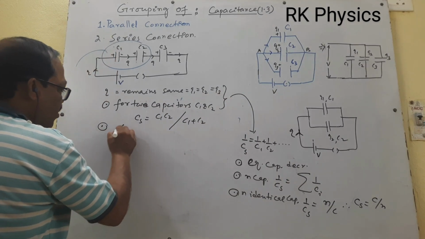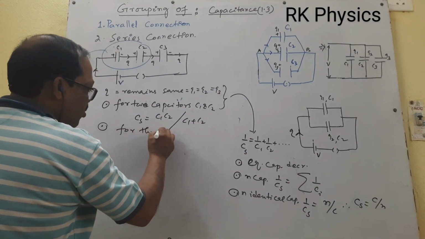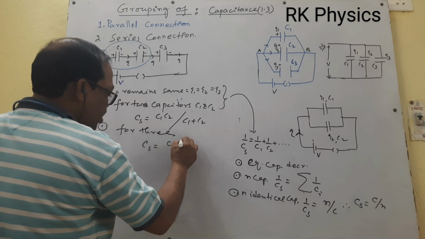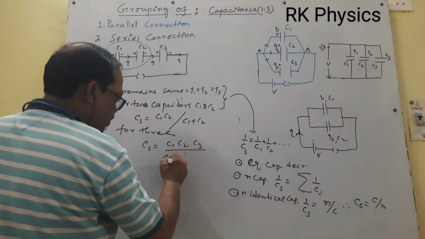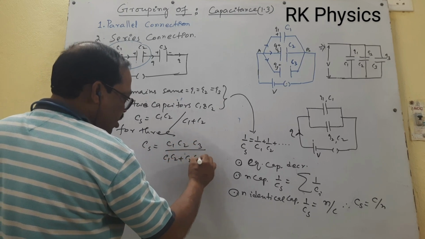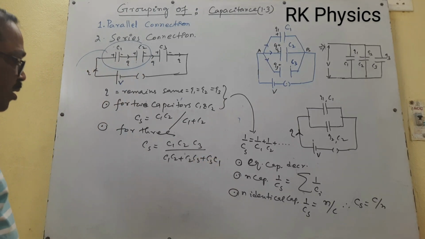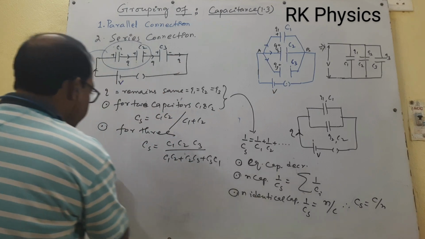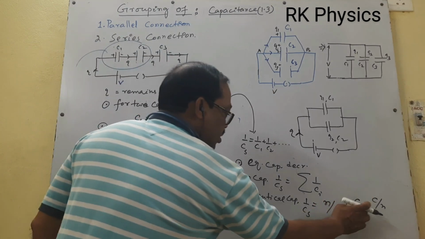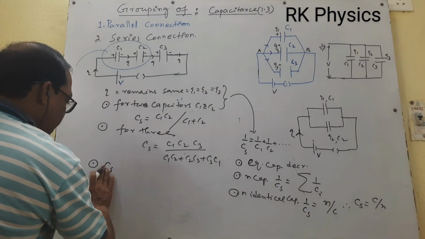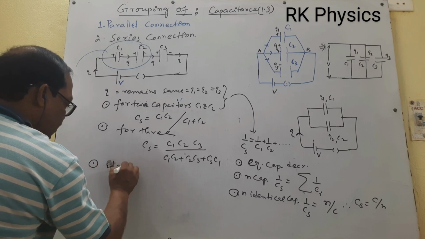Okay. Similarly, for three capacitors, Cs is C1 C2 C3 divided by C1 C2 plus C2 C3 plus C3 C1. Okay. Now, another point, this is for identical capacitors.